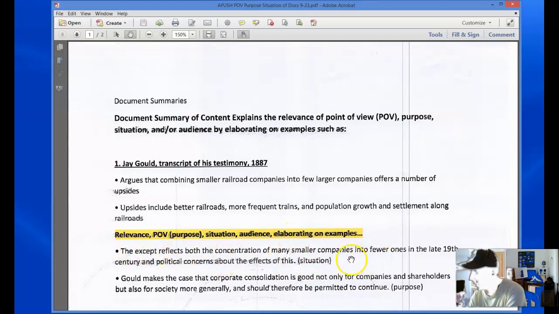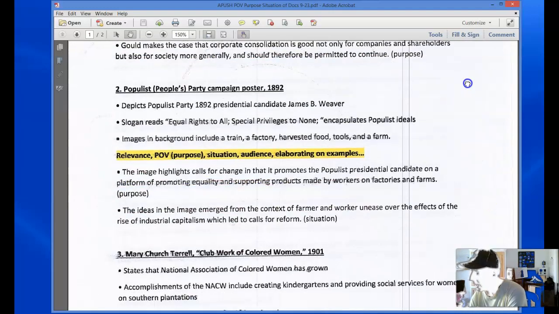The situation is when this was happening, what period of time in history, and the purpose. Why would somebody write about it? Why did somebody make a document that now you have to go through and try to figure out in order to get some points on your exam?